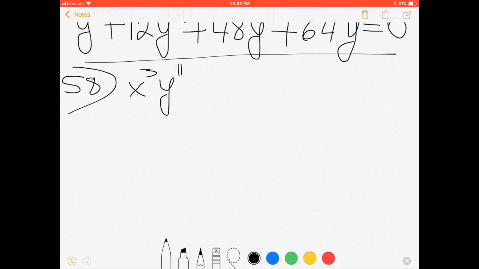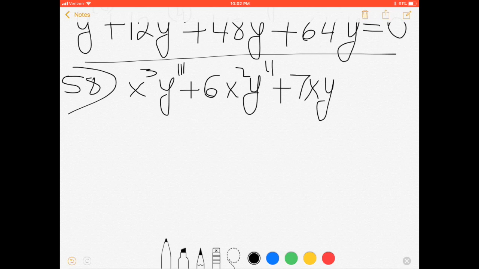We have x cubed times the third derivative plus 6x squared times the second derivative plus 7x y prime plus y equals 0. We did something similar here, but it was of lower order.